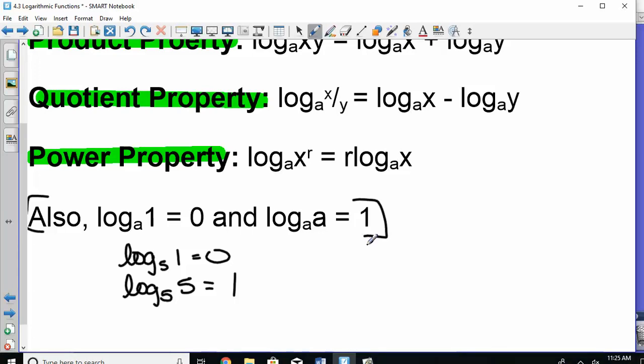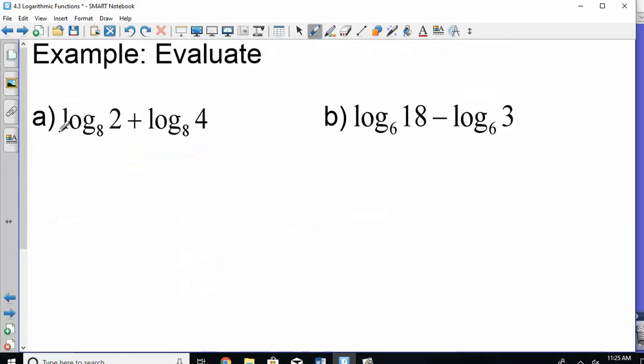So those 3 properties are the big thing. We're going to do a little bit of practice with those properties now. Let's say I asked you to evaluate this. Log base 8 of 2 plus log base 8 of 4.